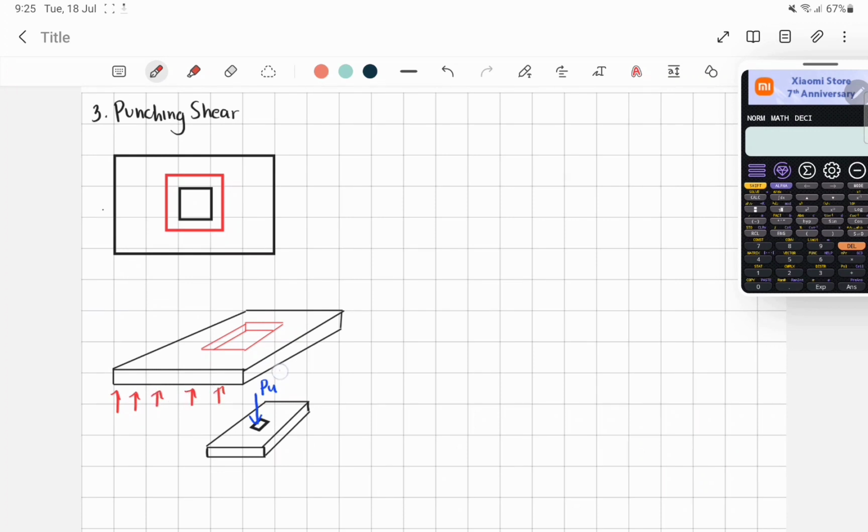So therefore, magka-counteract kaya meron tayong punching shear na nangyari. Okay? So since this is pataas and this is bababa, itong cross section na to is dinala nung ating column papunta dun sa baba, and then itong part ng taas na to is itutulak nung soil bearing natin pataas.